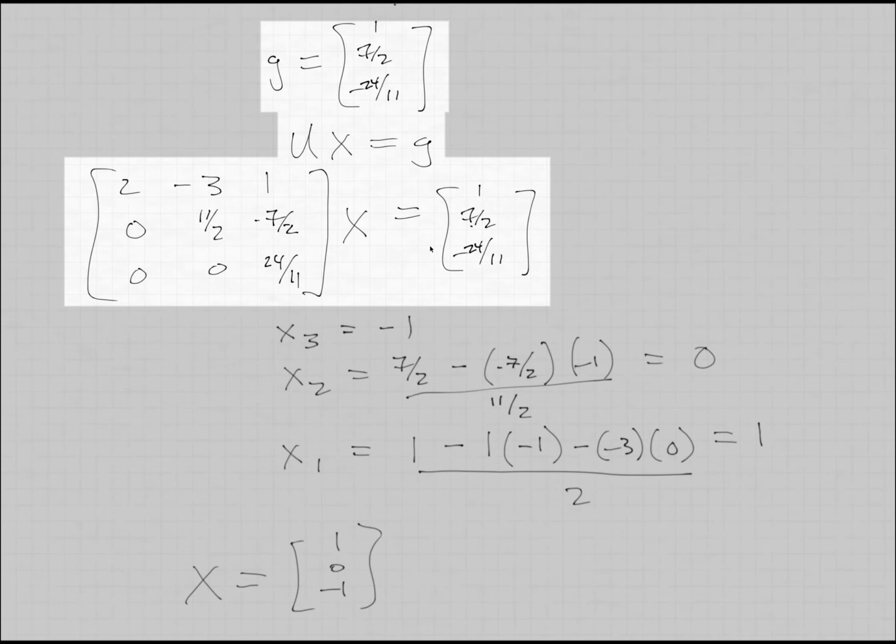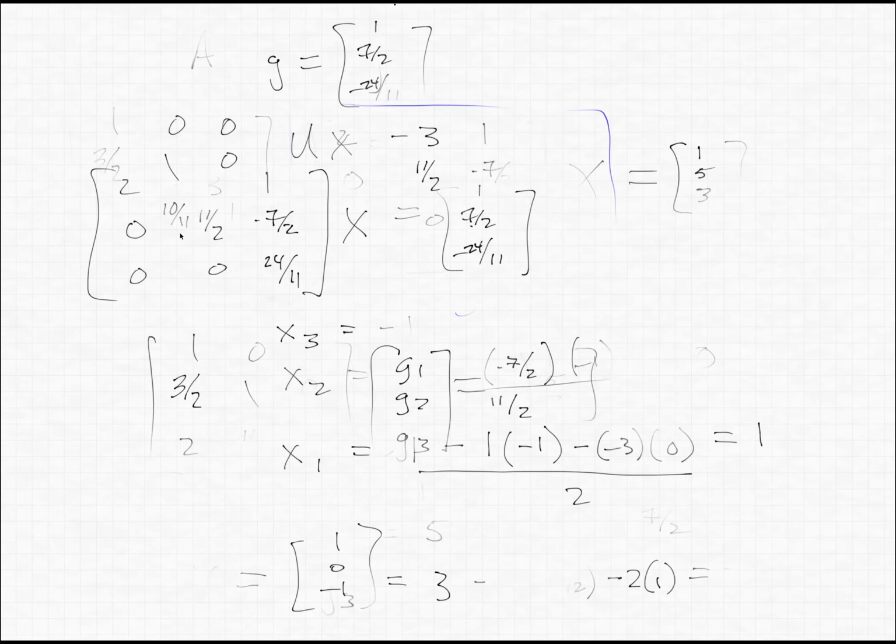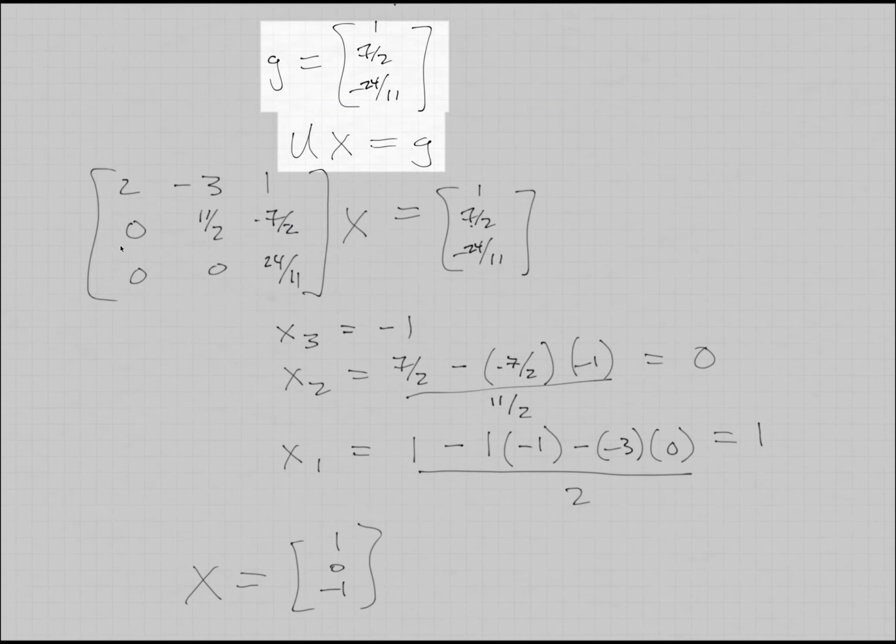So we start at the bottom. The last row of this matrix equation says that 0x1 plus 0x2 plus 24/11 x3 equals negative 24/11. So we divide negative 24/11 by 24/11, and we easily figure out that x3 equals negative 1.